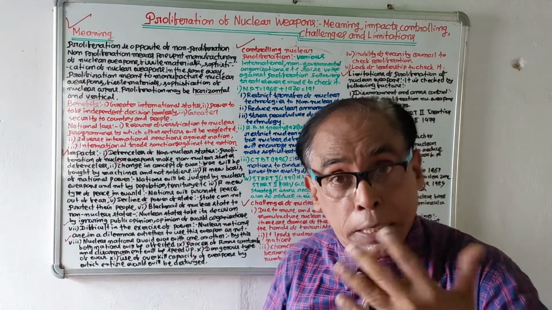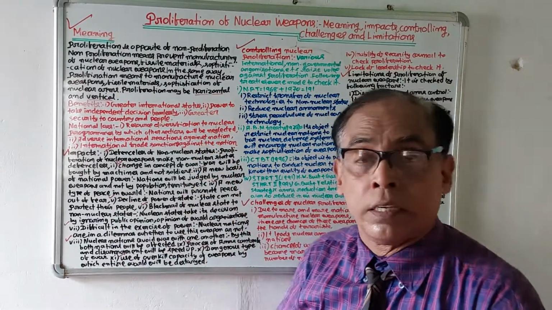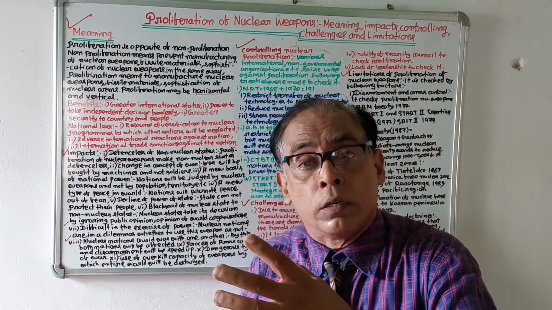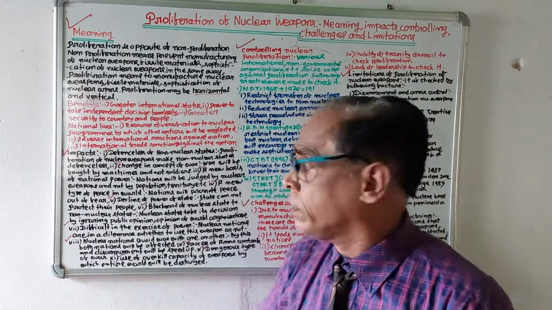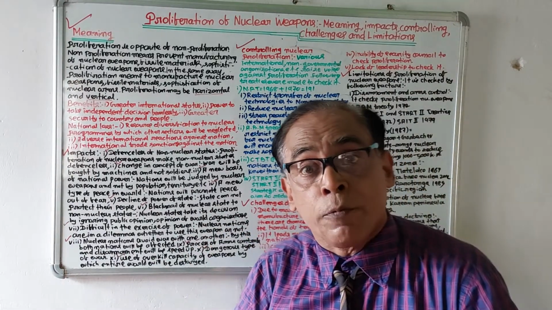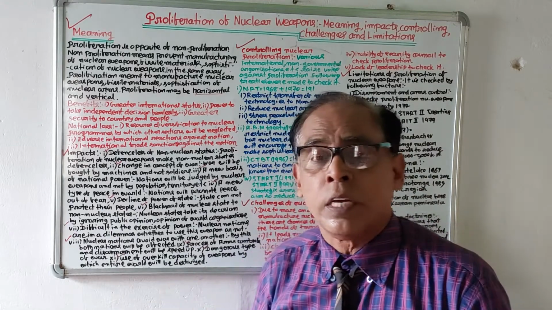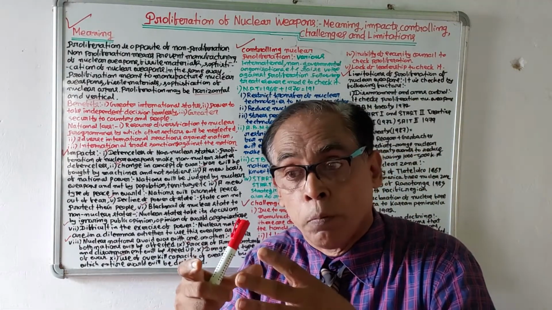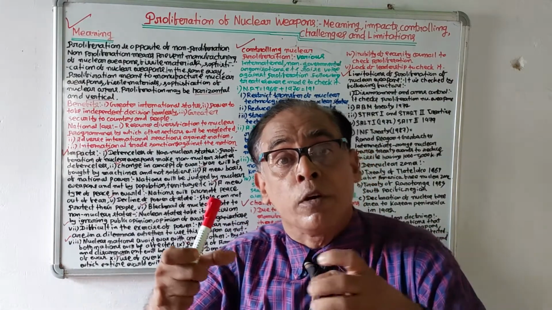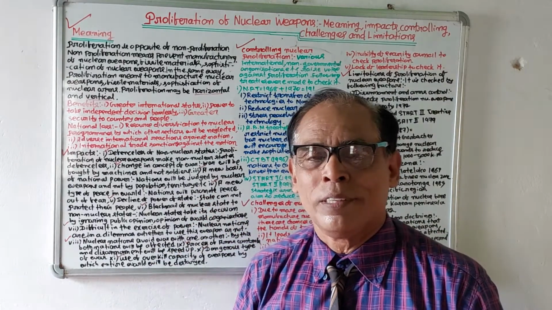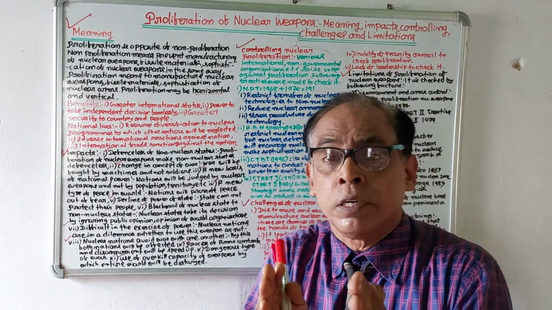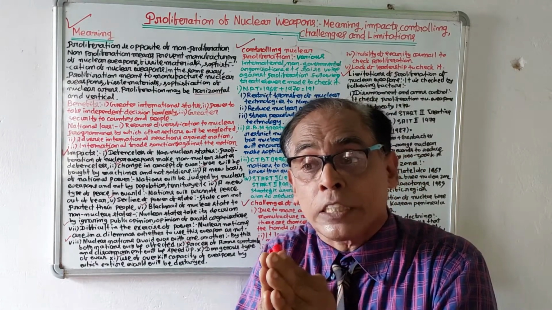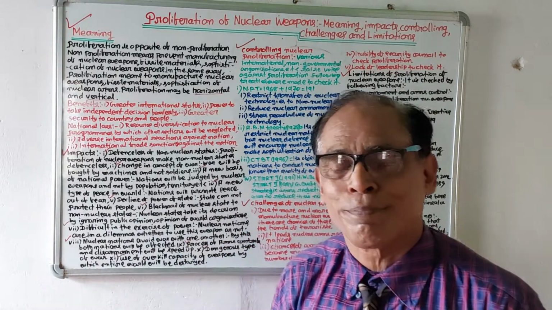Number 2, its impact. Number 3, controlling proliferation of nuclear weapons. Number 4, challenges of proliferation of nuclear weapons. And finally, limitations for proliferation of nuclear weapons. So first of all, take up the meaning of proliferation of nuclear weapon.